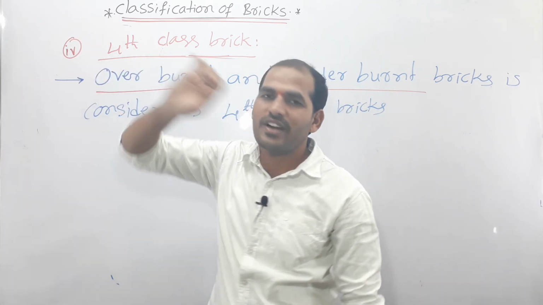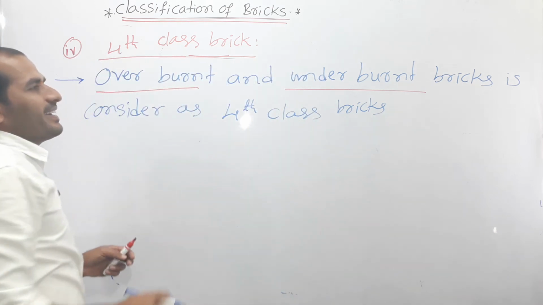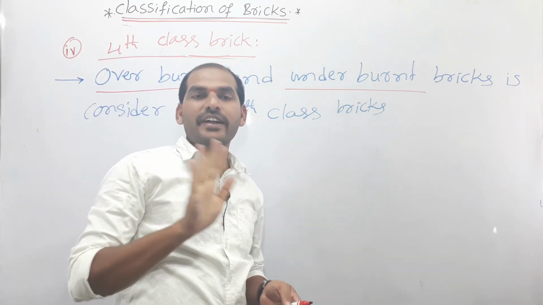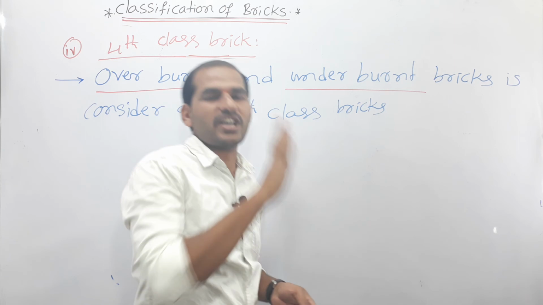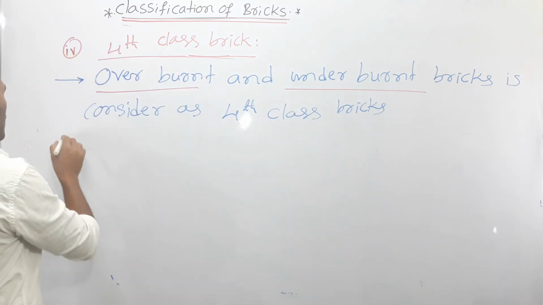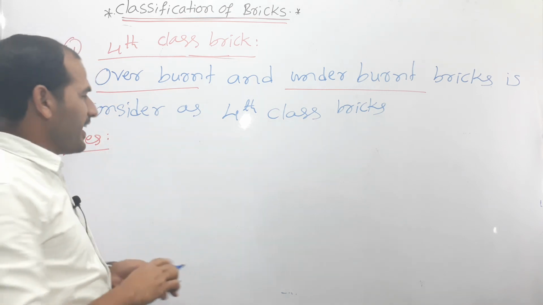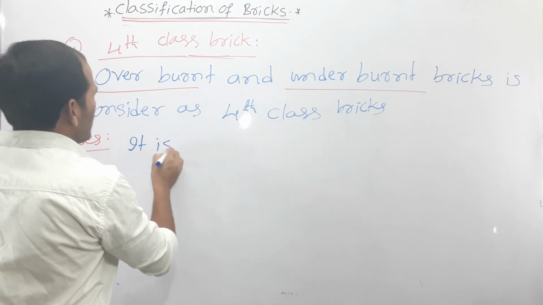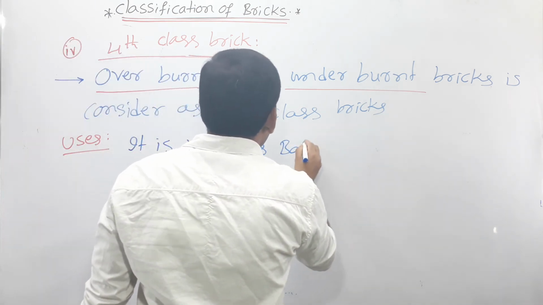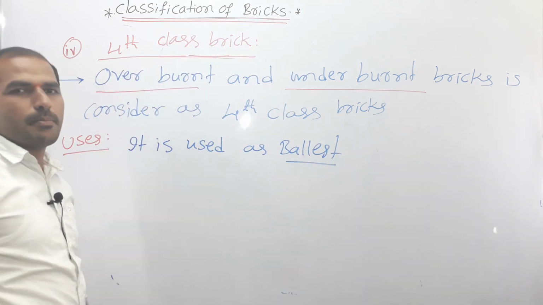So this fourth class brick is overburnt and underburnt brick. These bricks will not be used for any type of structures or constructions. But the usage of this fourth class brick is as a ballast. Ballast means brick ballast.